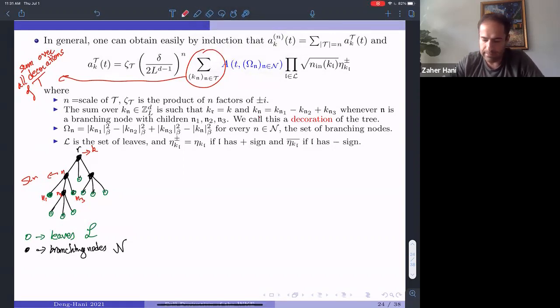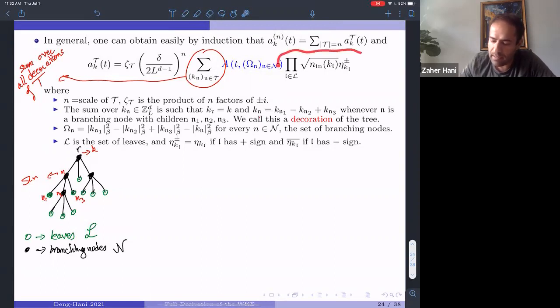Then the last factor comes from the initial data. For each leaf of the tree, we have a copy of the initial data. Remember, the initial data is given by the square root of n initial at k_L. So this is the decoration of the leaf.